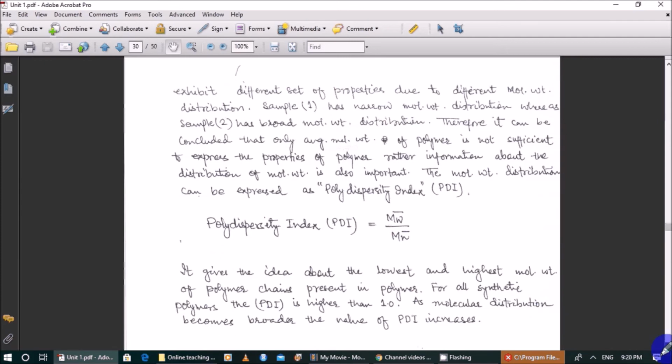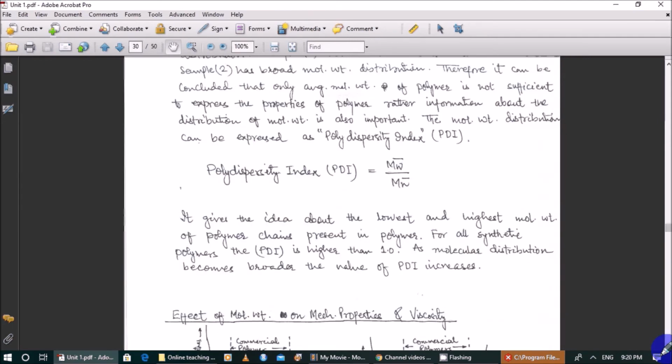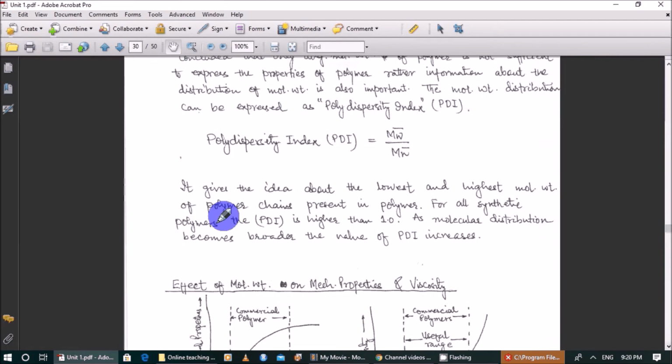It gives the idea about the lowest and highest molecular weight of the polymer chains present in the polymer. For all synthetic polymers, the PDI is higher than 1. As the molecular weight distribution becomes broader, the value of the PDI increases.